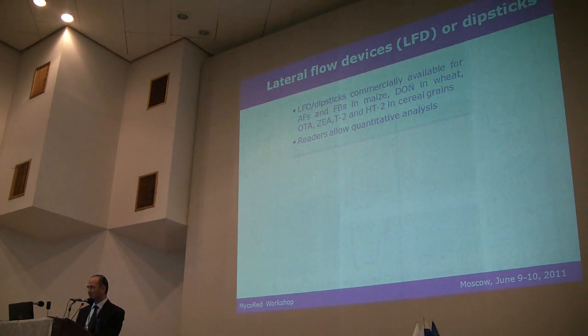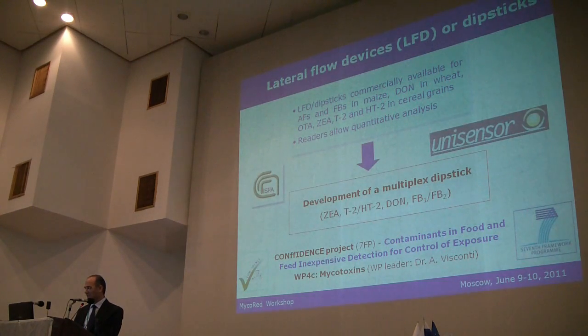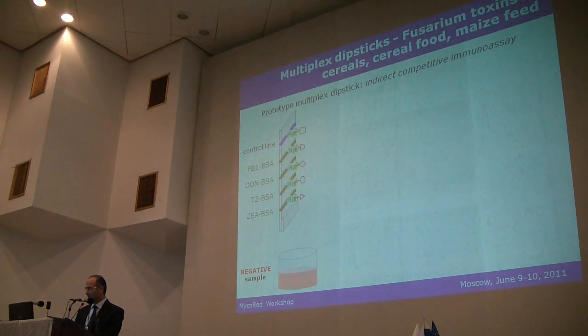And the possibility to use readers allows quantitative analysis. Within the project, we have developed a multiplex dipstick that allows the determination of zearalenone, the sum of T2 and HT2 toxin, deoxynivalenol, and the sum of FB1 and FB2.